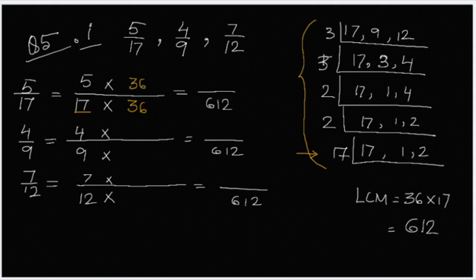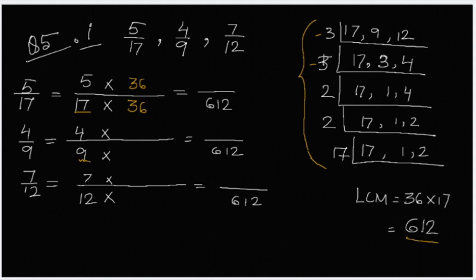Next one. 9 into how much will be 612? Come back here. You have how much? 9. How much is left? So the 3 3s are 9. So the rest is left. 2 2s are 4, 4 into 17 will be the rest. I mean, if you have to get 612, this 612 has been obtained by multiplying these numbers, isn't it?